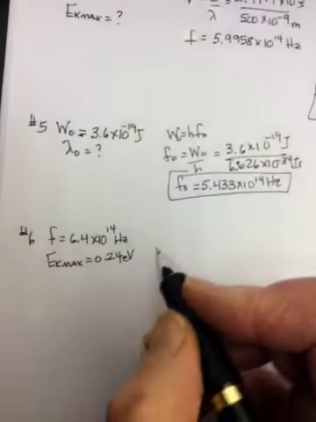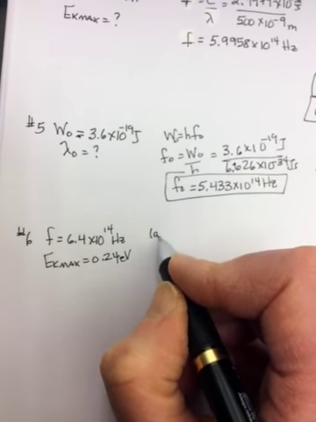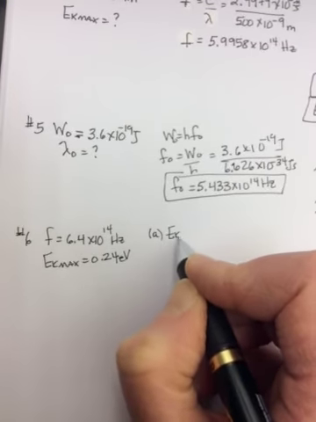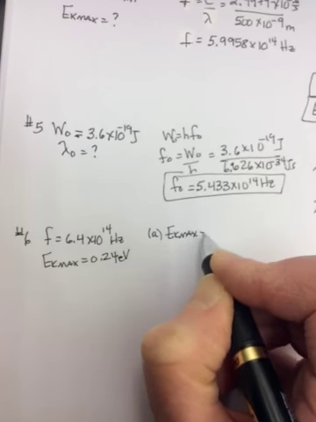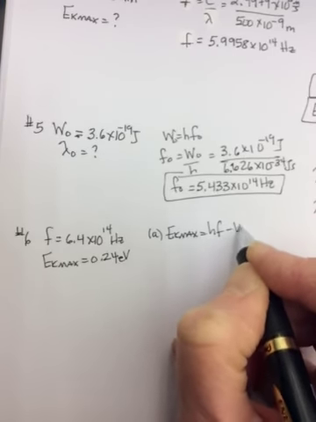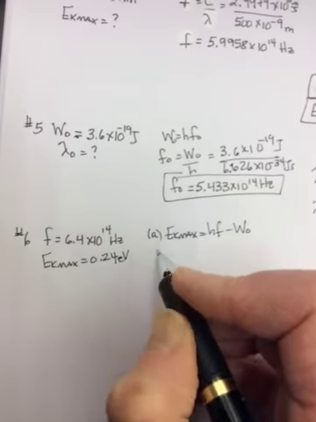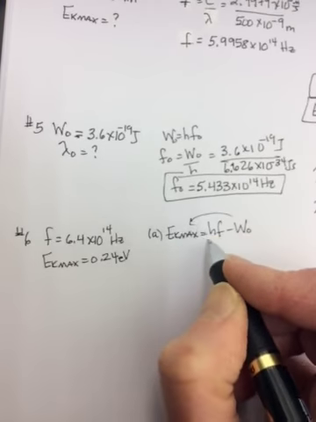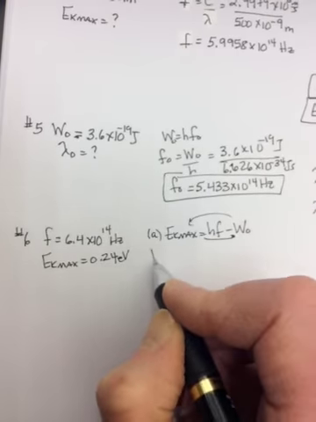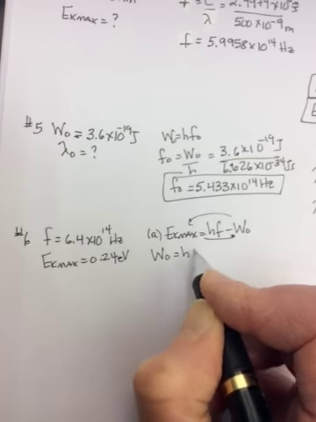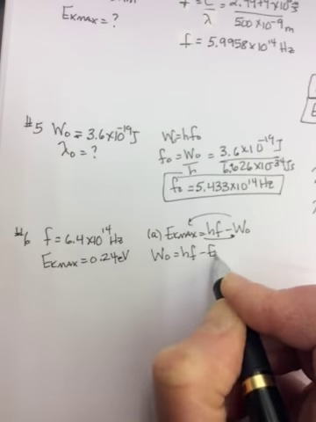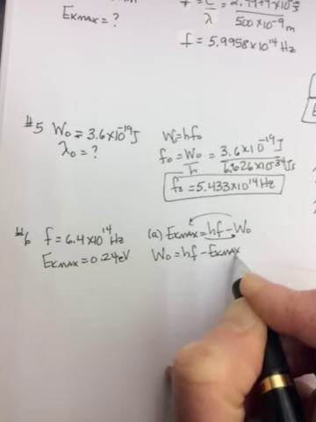Calculate the work function. So part A wants WO. So we know that EK max is equal to HF minus WO. We have the F, we have the EK max. Bring the W over here, the EK max over there. WO is equal to HF minus EK max.